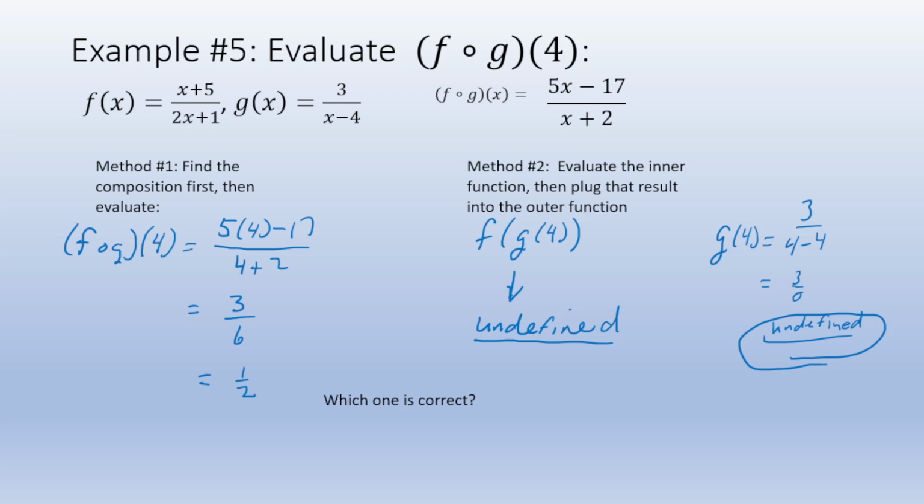So any value that is outside of the domain of the inner function also has to be outside the domain of the composition. So if we evaluate the compositions of functions, we want to make sure that we take into account the domain of the inner function as well as the domain of the overall answer.